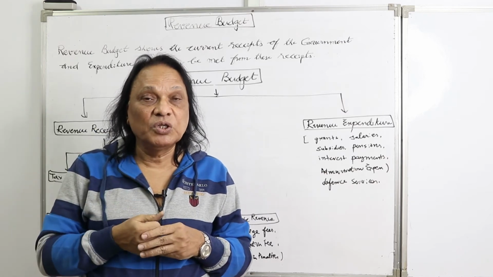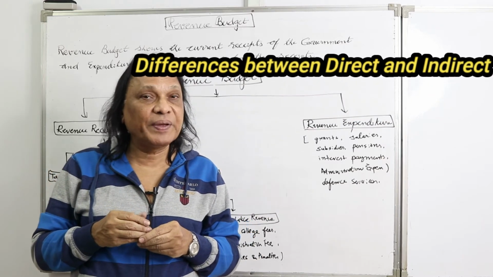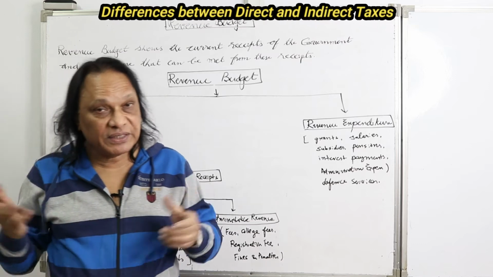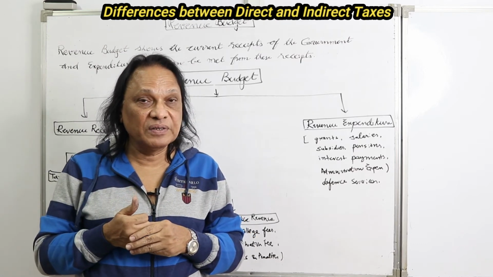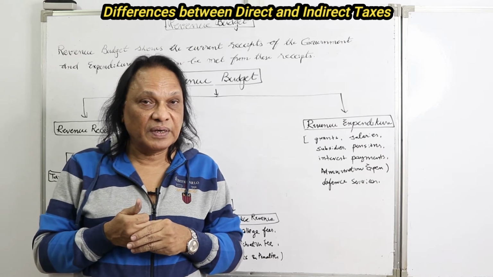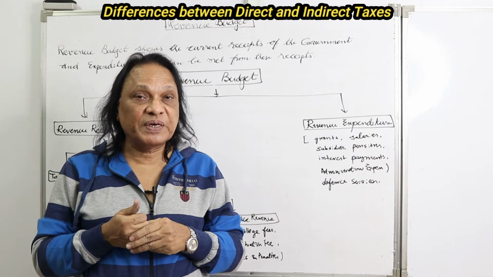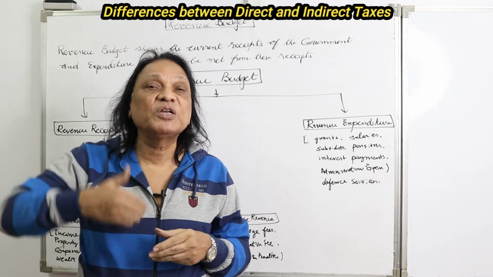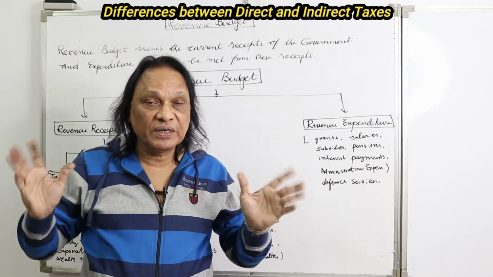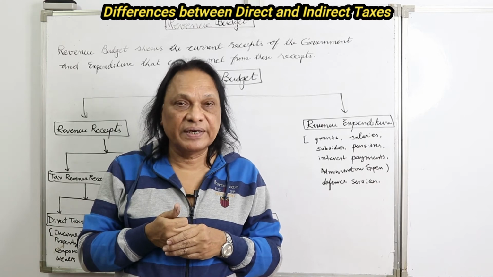The third point, you just can't escape direct taxes. You're liable to pay. You have to pay it. But you can escape indirect taxes legally by not purchasing or buying goods. And direct taxes are imposed on income and wealth of a person. And indirect taxes are imposed on the same income when you spend it. If you don't spend it, you will be saving a lot of taxes. That's direct and indirect taxes.